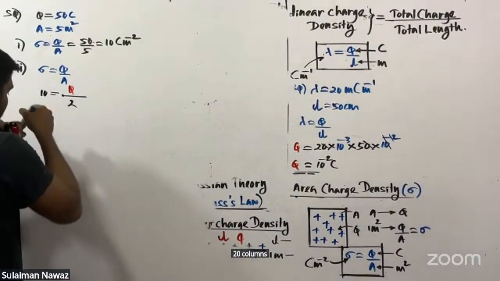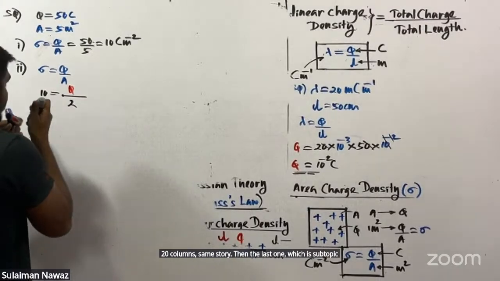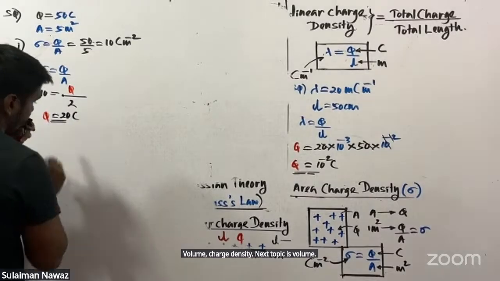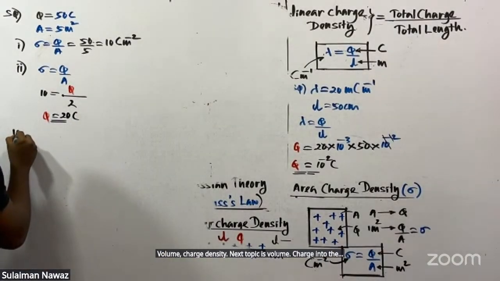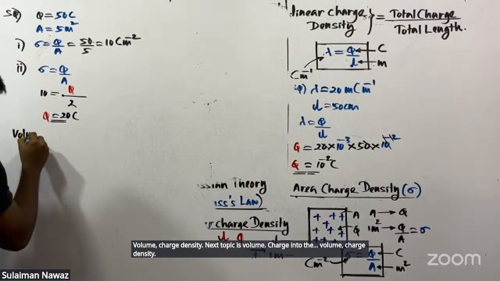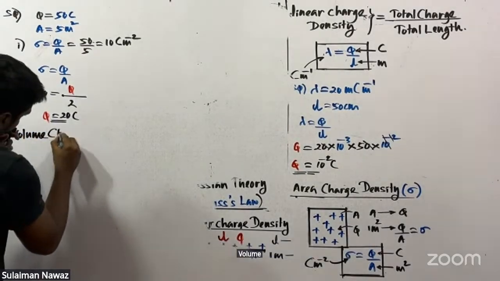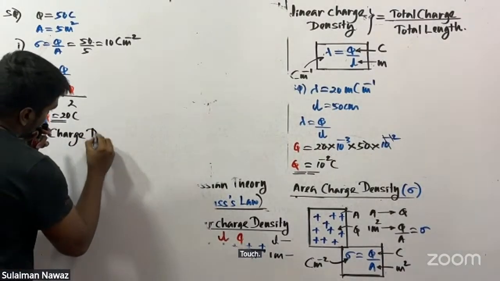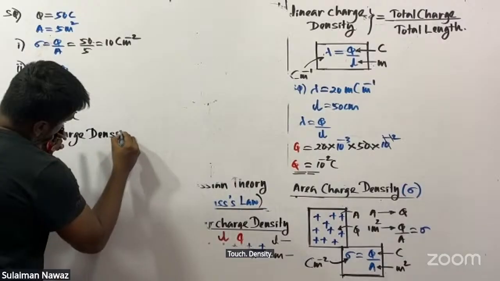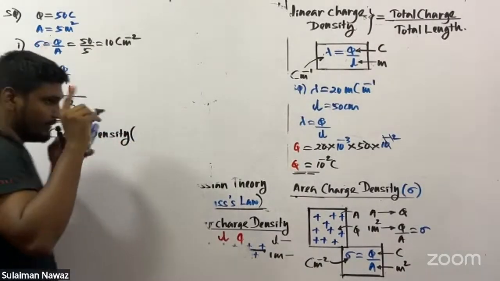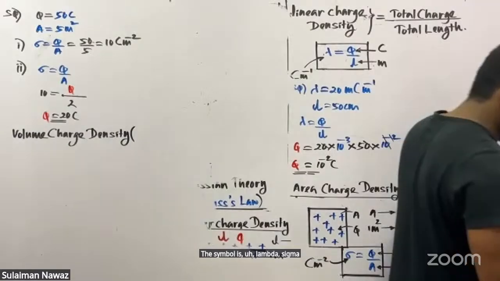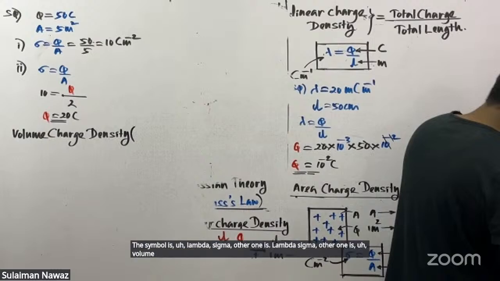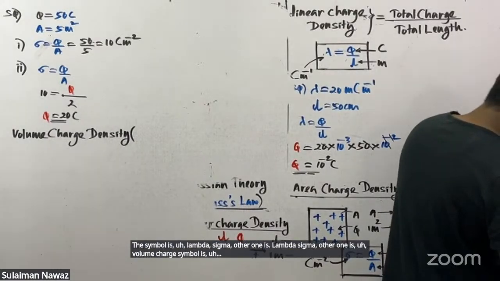Same story. Then the last one, put a subtopic: volume charge density. Next topic is volume charge density. The symbols were lambda and sigma. For volume charge density the symbol is rho.